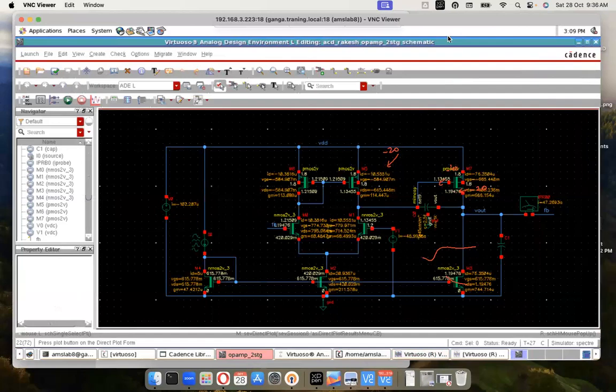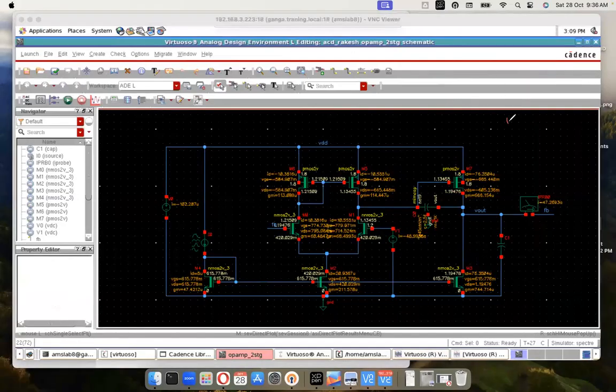Now, what are the problems that we identified here? Let's list those first, and then we can figure it out. First thing, UGB is less than 5 megahertz. You wanted to have 5 megahertz, but it is less. Who is causing the issue? It has to be input GM.